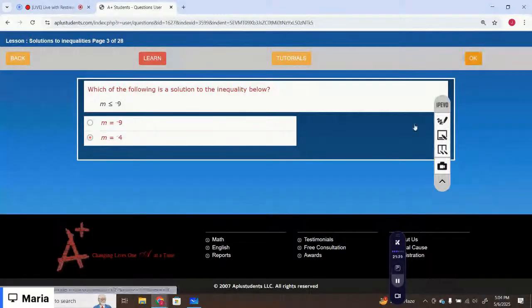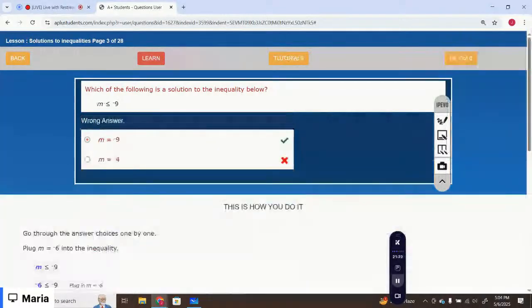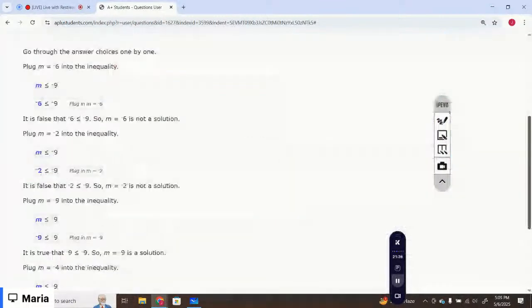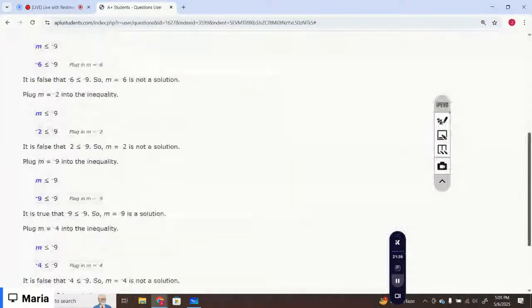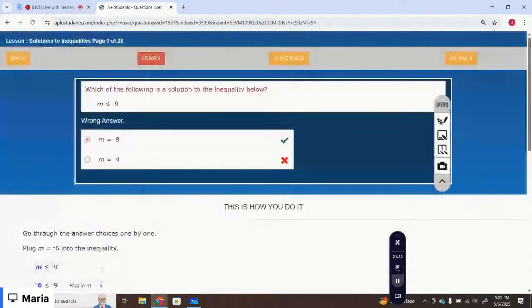Option number 2 is the correct option. But why not negative 4? Because negative 4 is less than negative 9. No, no, sorry. Negative 4 is greater than negative 9. Option number 1 is the correct option.